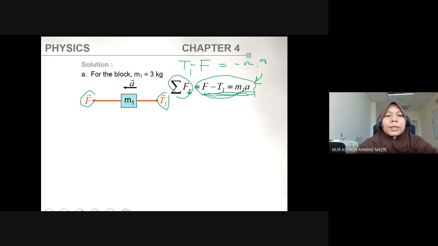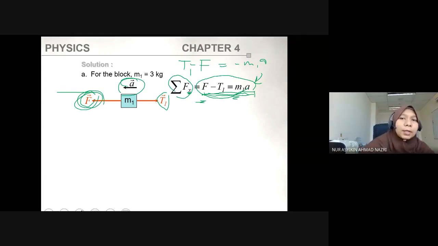Yang ni dia ambil MA positif, F positif, sebab dia assume yang sama dengan direction of the acceleration, then that force akan jadi positif, and opposite pada dia yang akan jadi negatif.